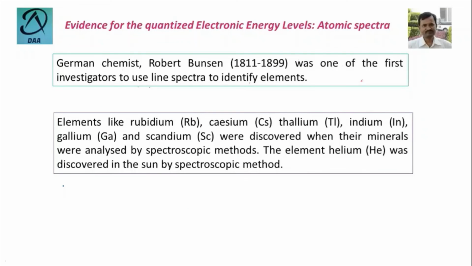Now the question will come: who discovered this? The German chemist Robert Bunsen. Bunsen is very famous for the Bunsen burner. If you enter the lab, you will see the Bunsen burner, and that naming comes from the great German scientist Robert Bunsen.